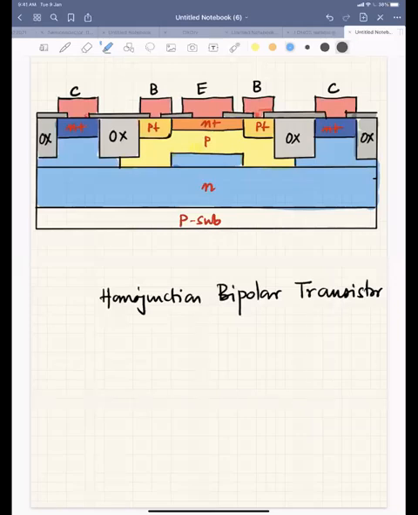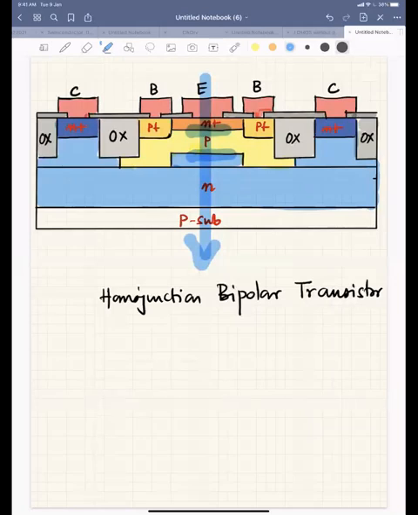If I go from top to bottom, I have an NP junction here and another PN junction here. So this is my actual transistor, but when you fabricate a bipolar junction transistor, all the contacts that you're taking, emitter contact, base contact or collector contact, will be on the top surface of the silicon, right?